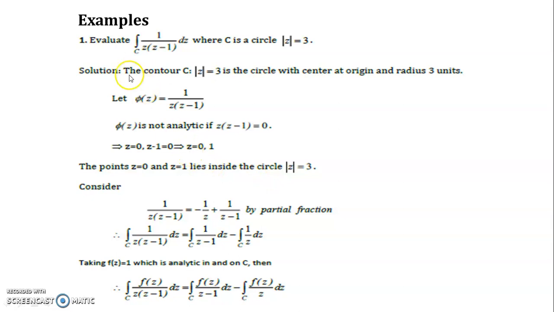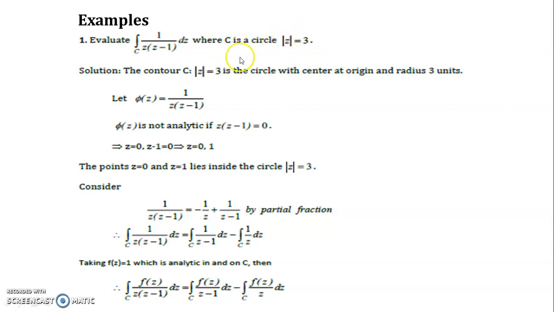In the first problem, evaluate the integration of 1 over z into z minus 1 over the closed contour C, where C is the circle with mod z equal to 3.